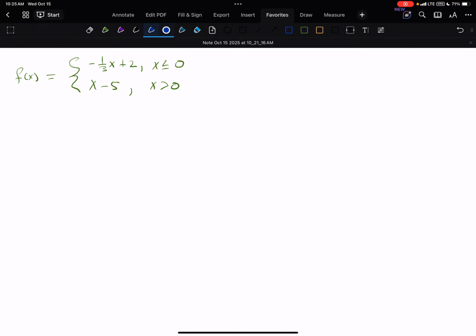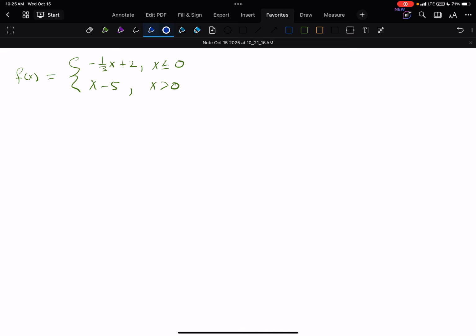The big deal here is this comma x less than or equal to 0 and this comma x greater than or equal to 0, because that tells us what portions of the domain the function is defined to be this value, and what portion of the domain the function is defined to be this value.